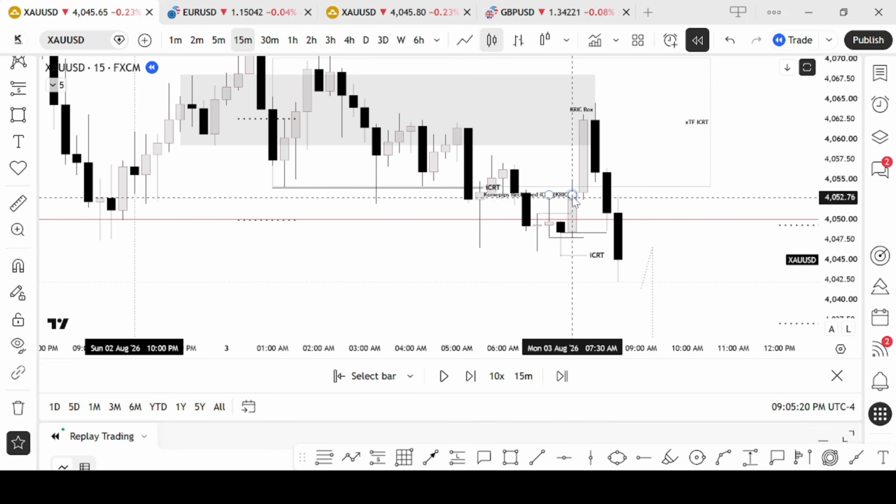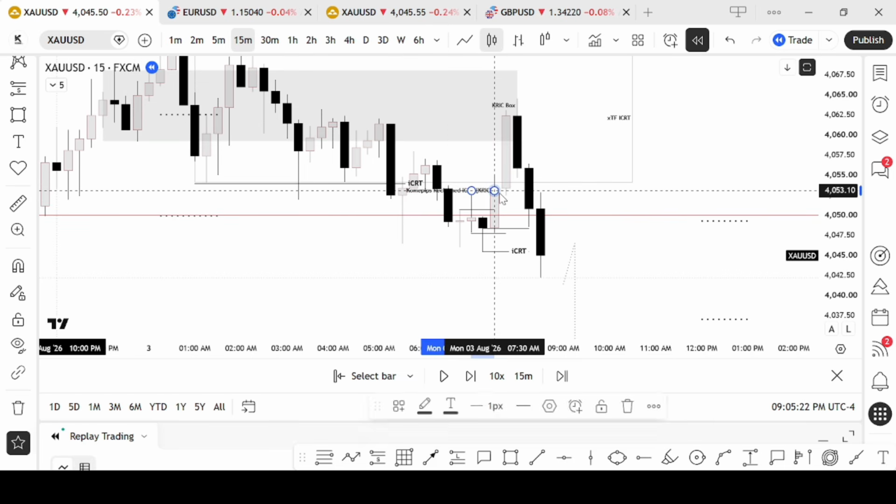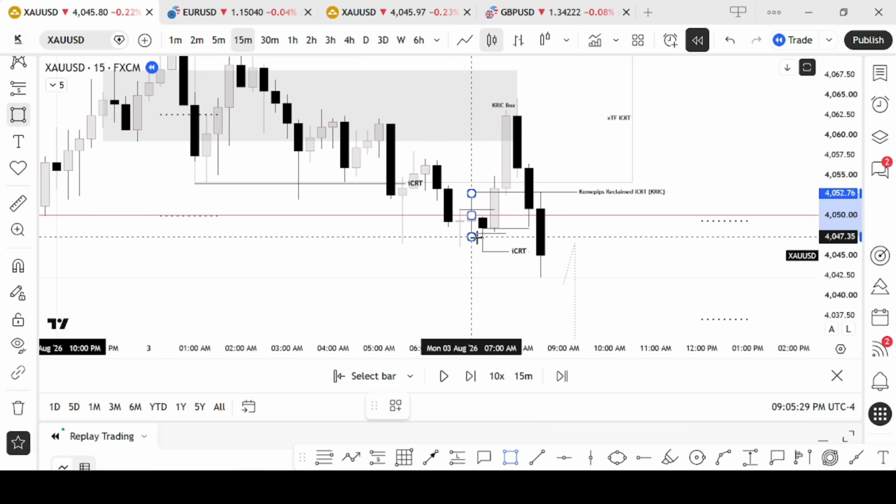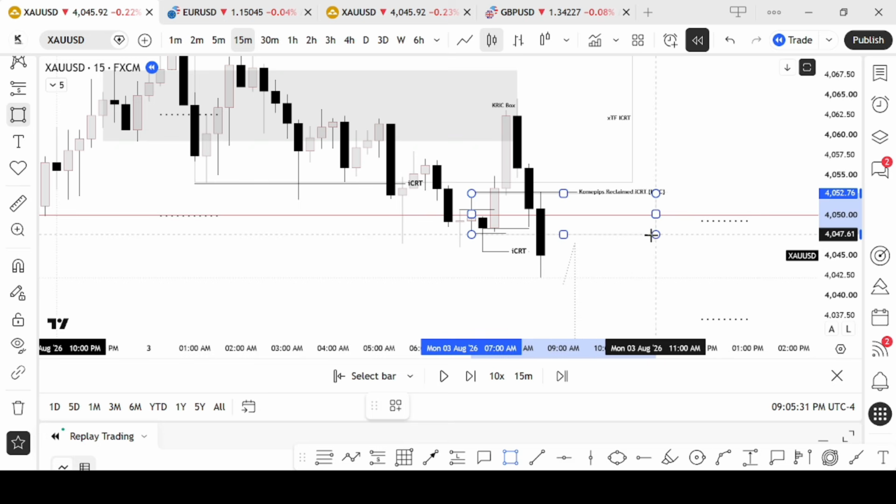All right. So this is creek, which means this level is actually a strong level. So we're waiting for price to tap into that particular level.